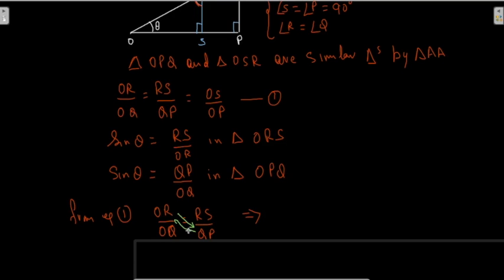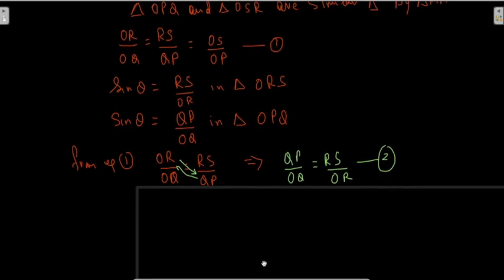We can do that, right? So it becomes QP over OQ is equal to RS over OR. So this is our equation number 2. Let's mark it as equation number 3 here, and jointly let's mark it as 2.